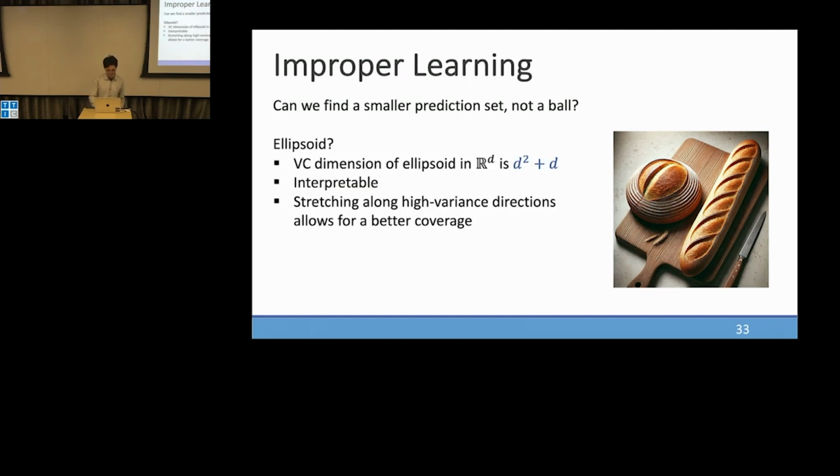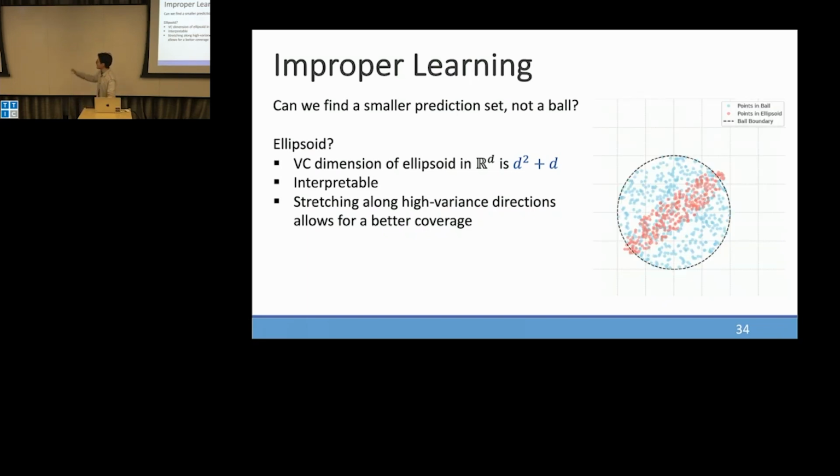So a natural question we are thinking about is whether we can pick a small ellipsoid to cover the dense regions. A small ellipsoid also has a small VC dimension and is interpretable. And we can stretch it towards some high variance directions to cover points better. As we show in this figure here, we can pick an ellipsoid to cover these red points.